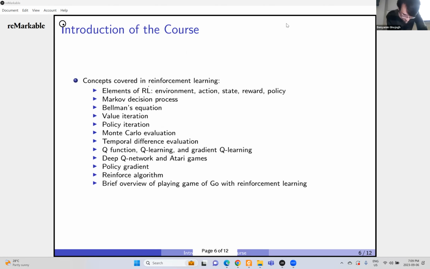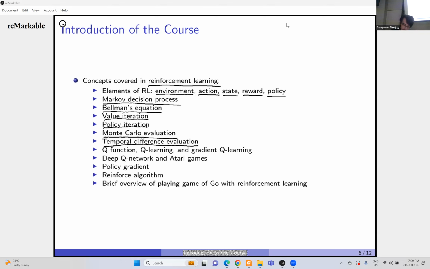Then reinforcement learning, just fundamentals. Elements of reinforcement learning, such as environment, action, state, reward, policy, Markov decision process. We'll cover Bellman's equation, then value iteration and policy iteration, then Monte Carlo evaluation, then temporal difference evaluation, Q function, Q learning, deep Q network or DQN.